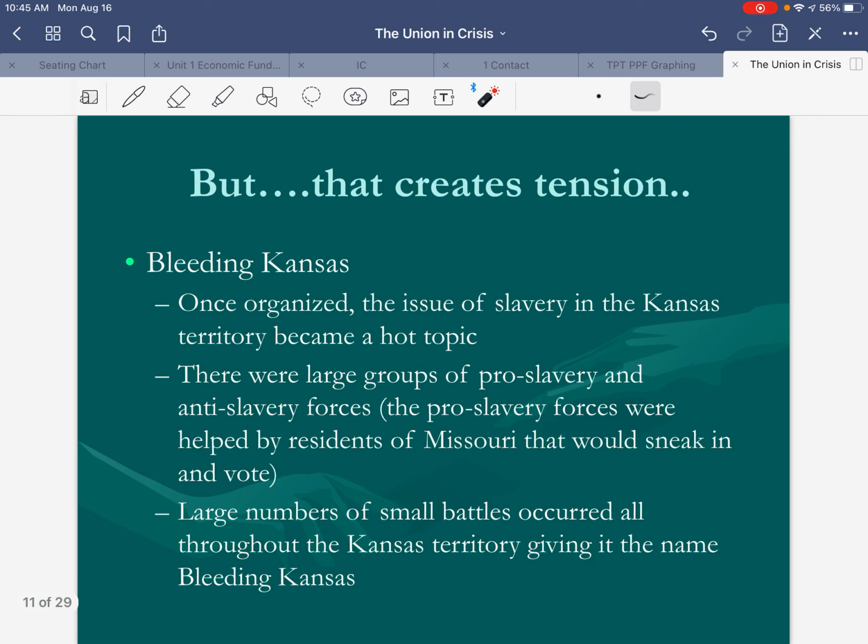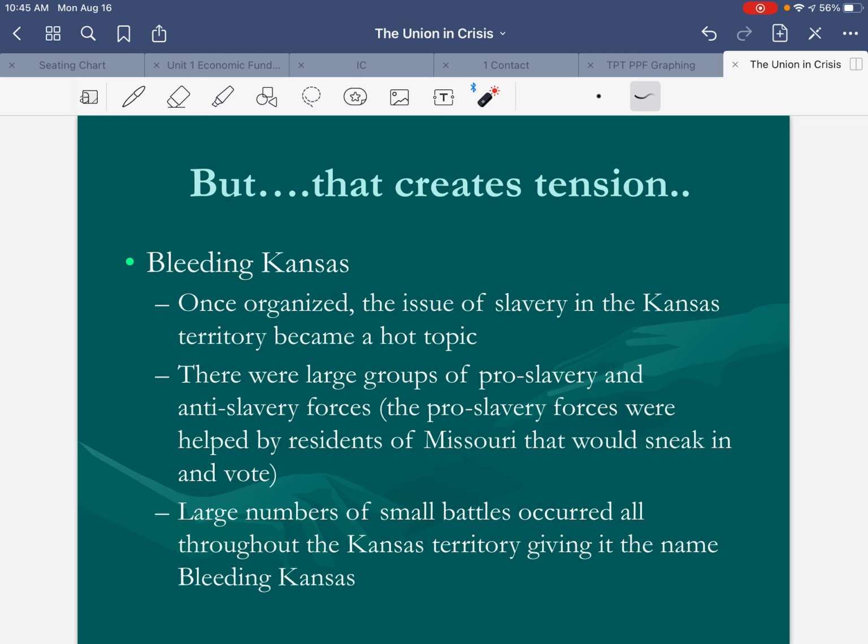Well, this sets off a huge ordeal where Kansas turns into a mini civil war. So once it's organized, Kansas is like, we want to become a state. Just hell breaks loose in Kansas. The issue of slavery becomes a hot topic. There are pro-slavery people and anti-slavery people that literally fight and kill each other within Kansas.